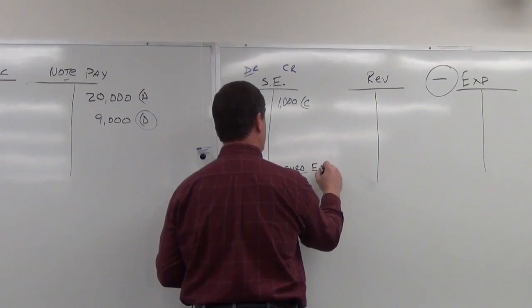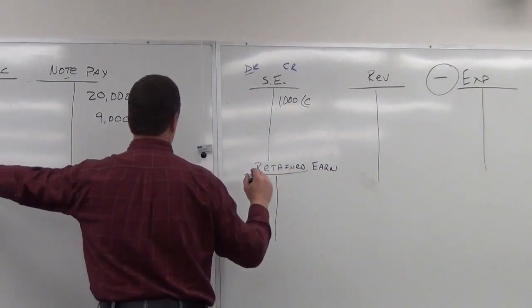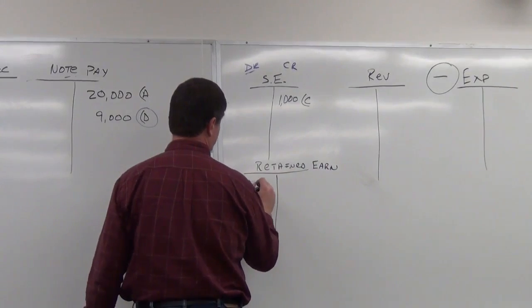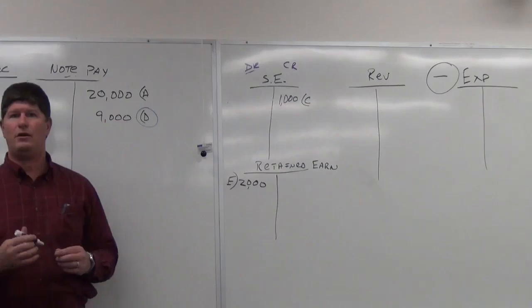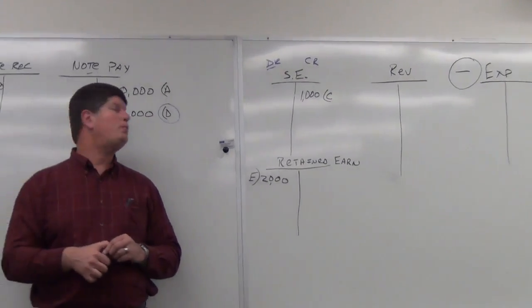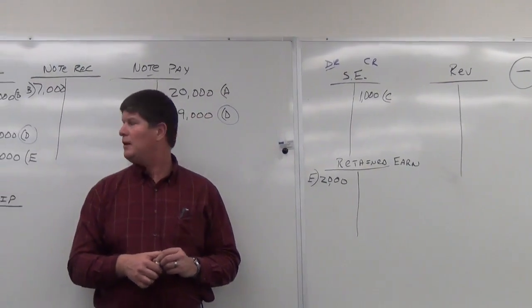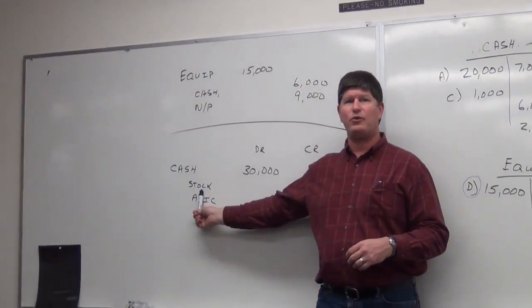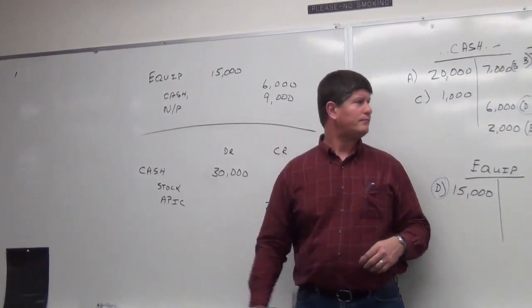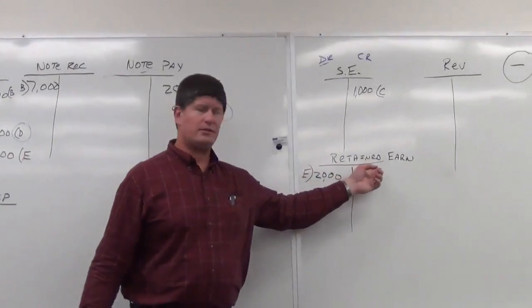Retained earnings. So we have a credit here and a $2,000 debit to retained earnings here. There's two parts to stockholders' equity: the capital stock, which is the money everyone paid for the stock, and retained earnings.